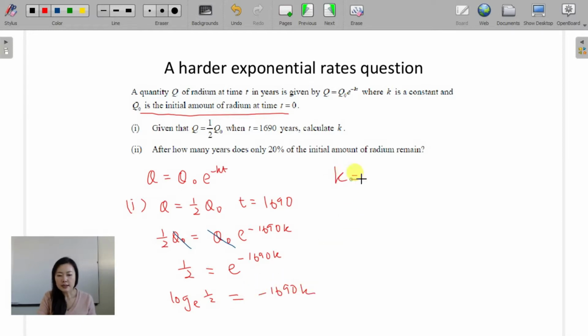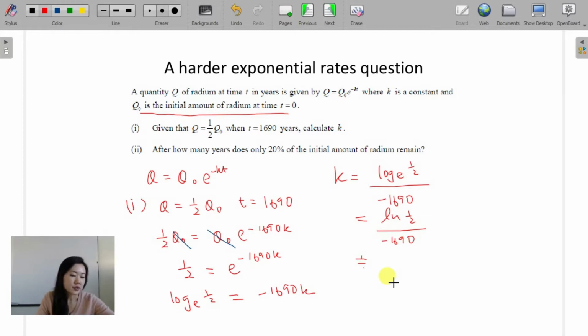So k is equal to log of a half, or basically ln of a half. This time I'll write the decimal form to make things a little easier: 0.0004.